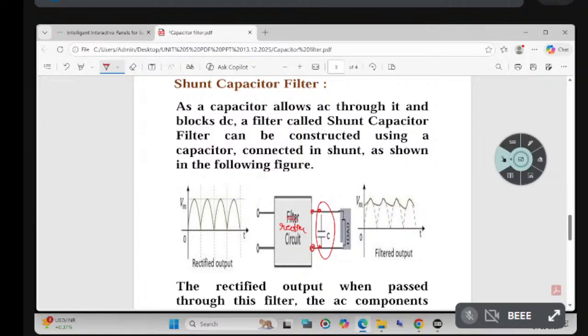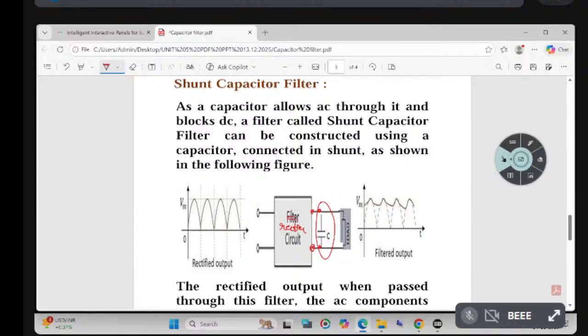The C only is called a filter design between load and rectifier. This is called output of rectifier. What is the output of the rectifier? Pulsating DC, which is the input to the filter.